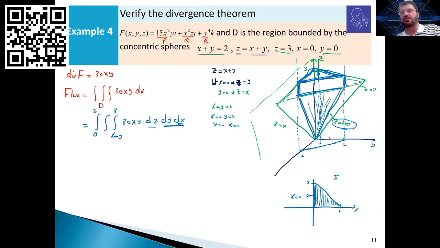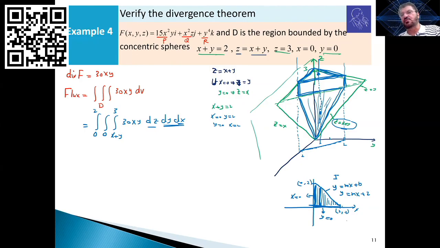Now let's look at the length of this line. As long as you're here, this is y equal to 0. And this is y equal mx plus b. I know that b is 2, so y is equal to mx plus 2. What's m, by the way? The points are 2 and 0, and 0 and 2.